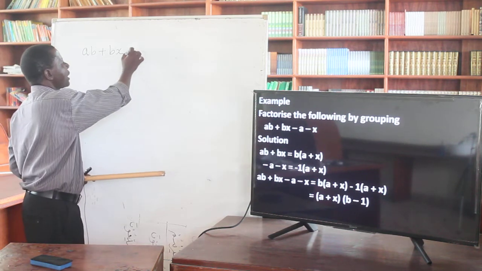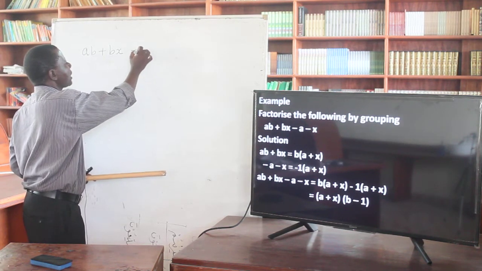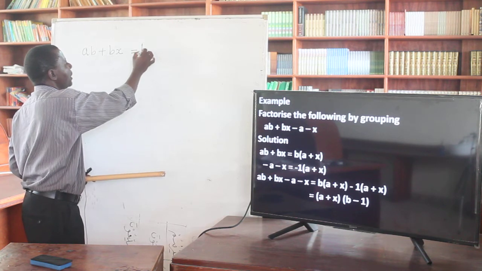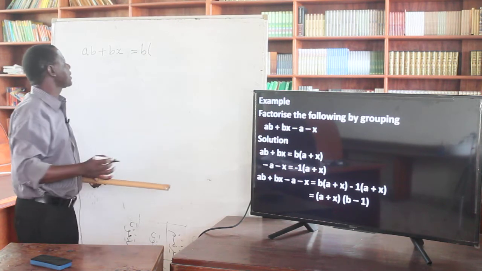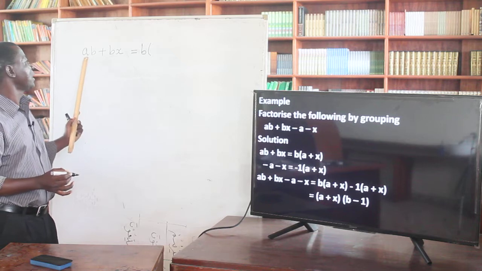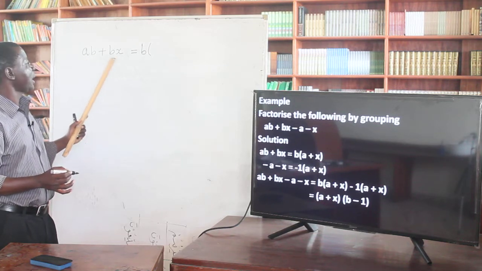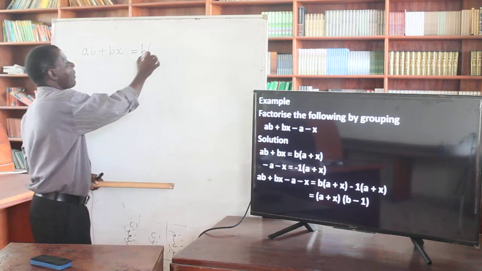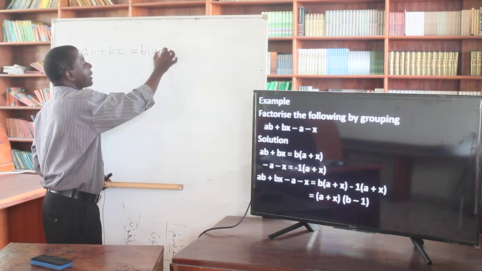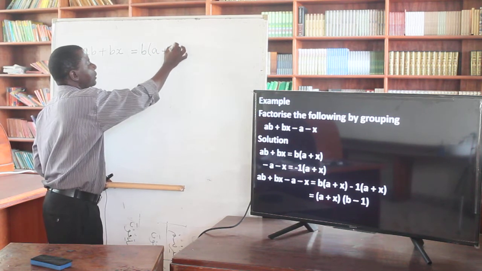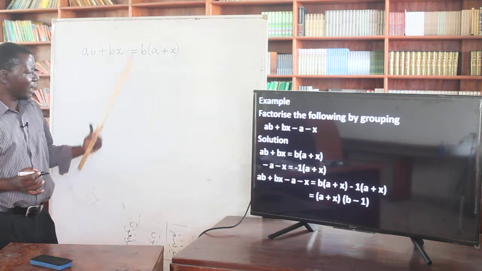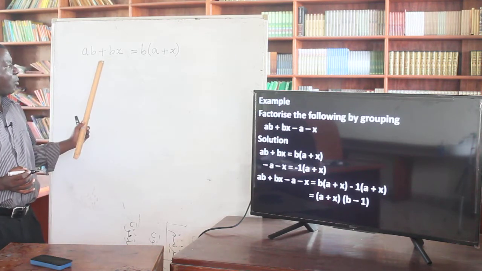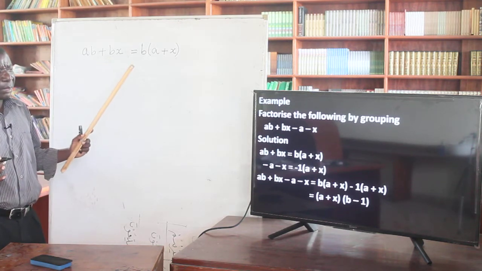So we can factorize b outside the bracket. B can be taken outside the bracket, and inside the bracket we remain with a plus x, because that one has a common term and therefore that can form a group.